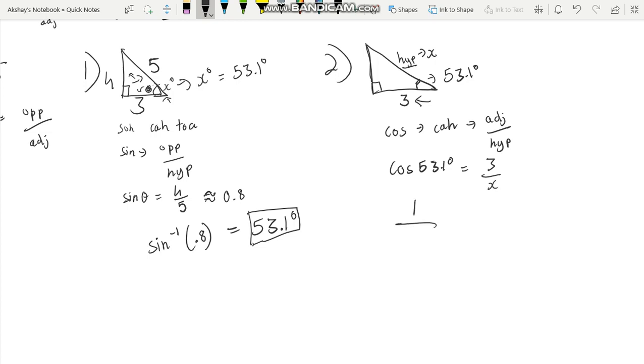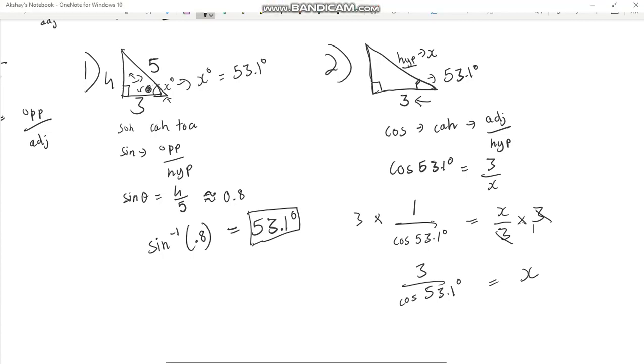Now I will flip everything to the reciprocal, so it'll be easier for me to isolate x. So easy linear functions, I times both sides by x and then divide by cos. So 3 divided by cos 53.1 degrees is equal to my x.